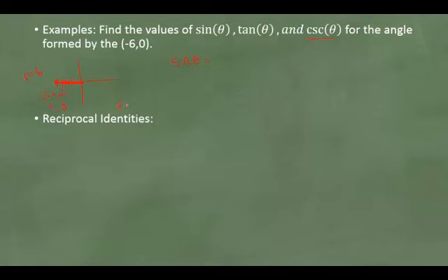Why? Because r is equal to the square root of x squared, or negative 6 squared, plus y squared, or 0 squared, which is equal to 36 plus 0. The square root of 36 is 6. Sine theta is 0 over r, or 0 over 6, which is 0. Cosine theta is negative 6 over 6, which is negative 1. Tangent theta is equal to 0 over negative 1, which is 0.